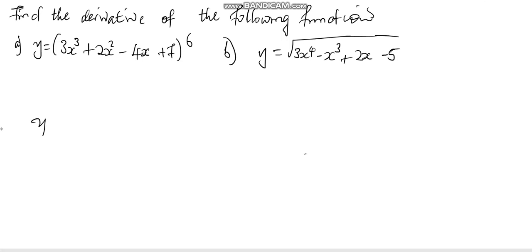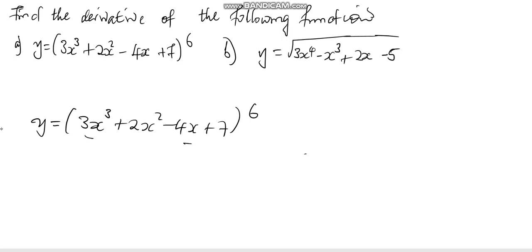We have y equal to open brackets 3x to the power 3 plus 2x squared minus 4x plus 7, to the power 6. Now we let the function that is inside another function be equal to u. So we're going to let this expression inside the brackets be equal to u.